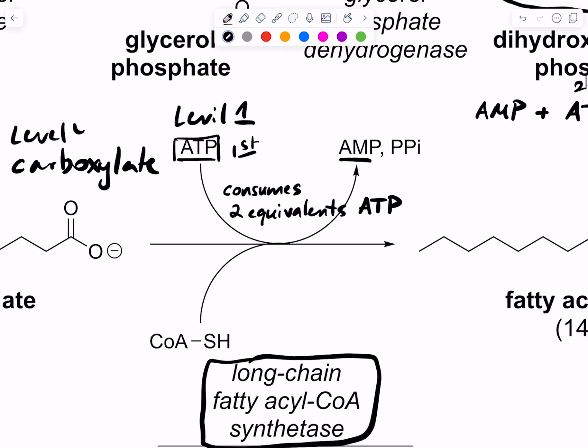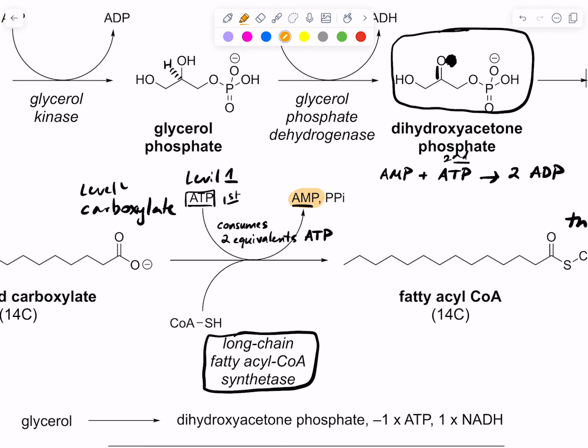Where does the second one come from? The fact is that in order to recycle AMP, you first have to convert AMP to ADP, and that requires a second molecule of ATP.